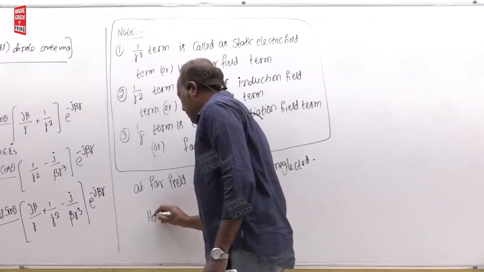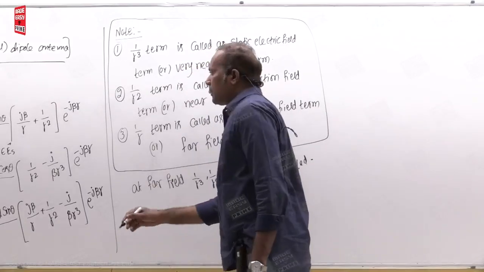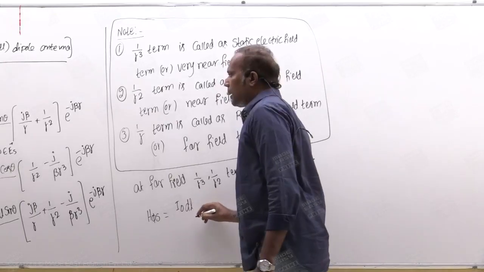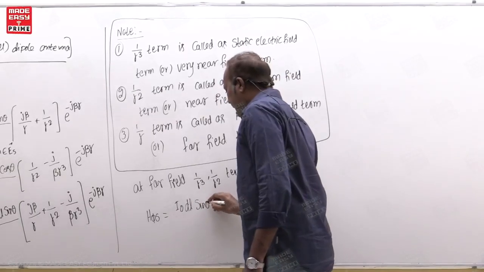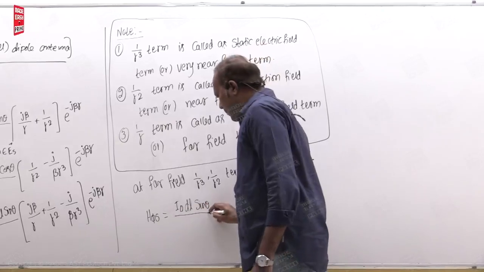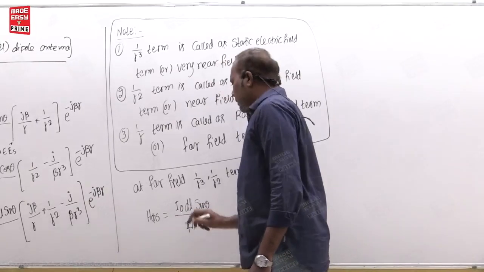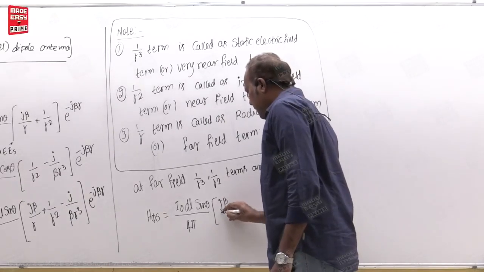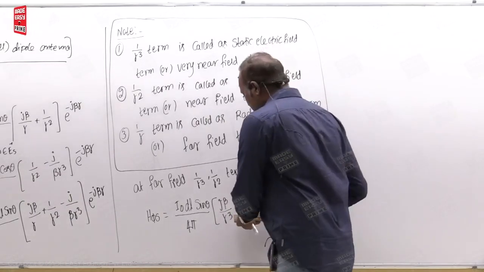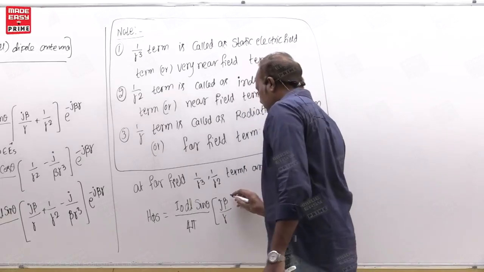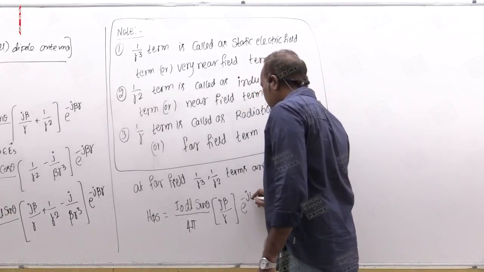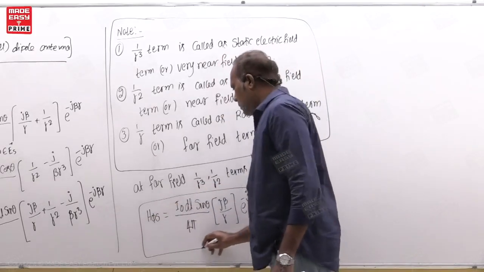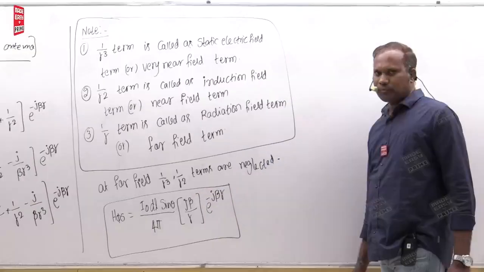Now H phi s becomes I naught dl sin theta divided by 4 pi, then j beta divided by r, not r cube, r is there, and e power minus j beta r. So you remember this one. You have to remember this one.